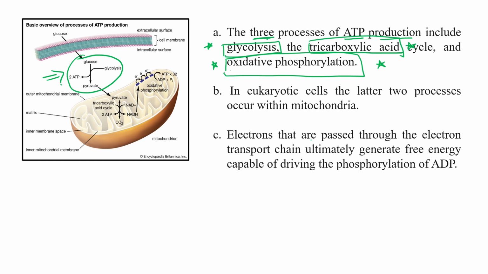So these are the three main processes of ATP production: glycolysis, TCA cycle, and oxidative phosphorylation, of which the tricarboxylic acid cycle and oxidative phosphorylation occur within mitochondria. You can see over here, this is the cytoplasm.